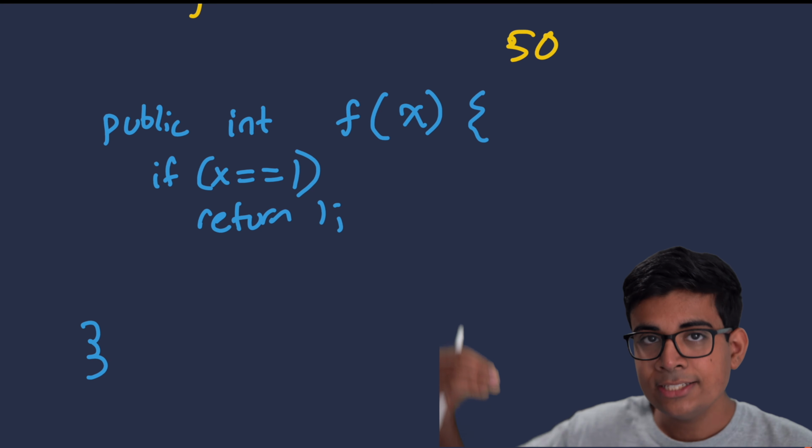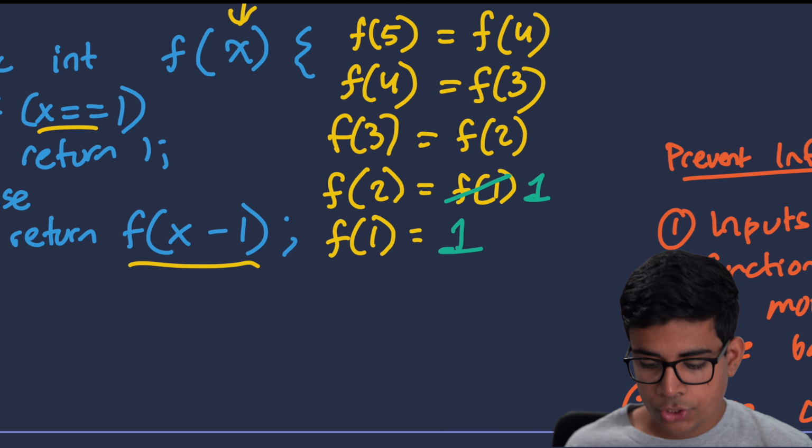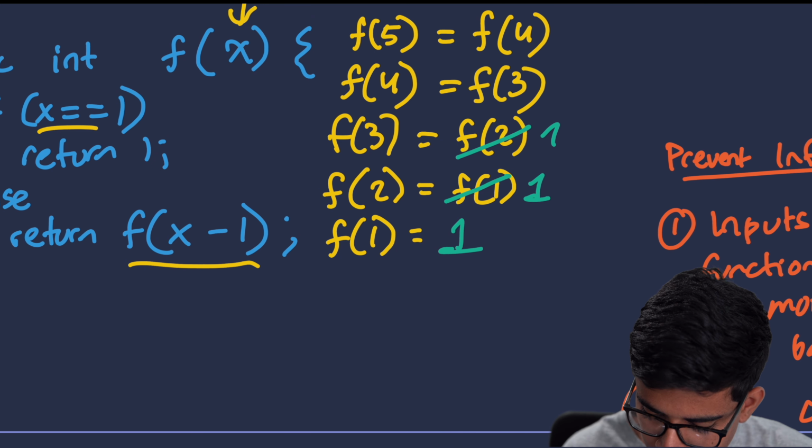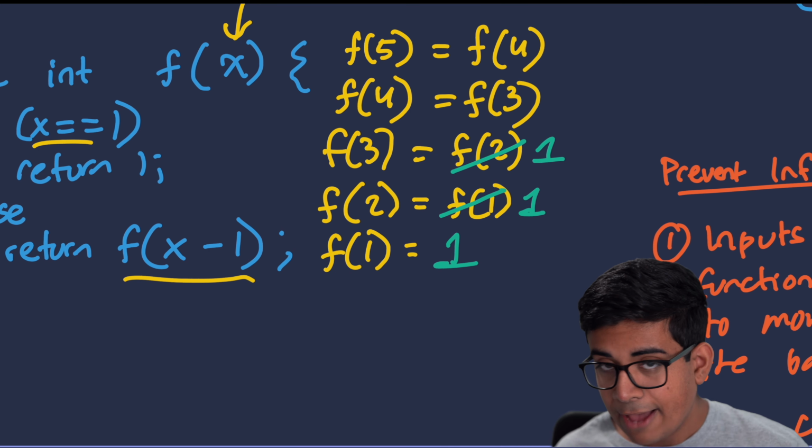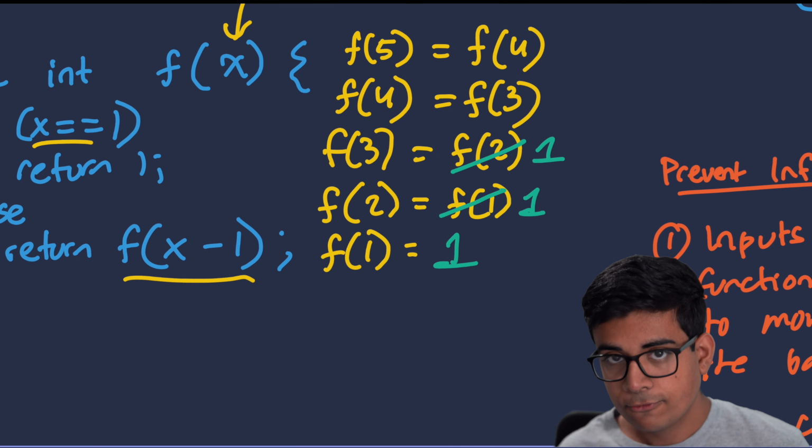Since f of 1 is 1, f of 2 is equal to f of 1, which is 1. F of 3 is equal to f of 2, and if f of 2 is 1, then f of 3 equals 1. F of 4 is equal to f of 3, which is 1, and so on. This keeps happening, and we finally get a result that f of 5 is equal to 1.